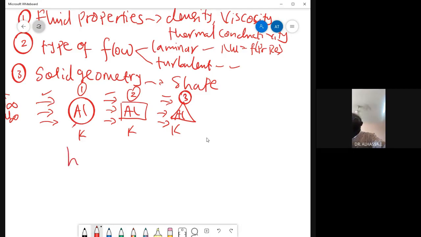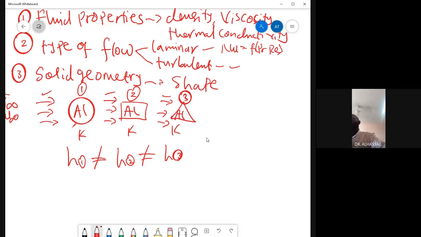So the heat transfer coefficient for number 1 is never equal to the heat transfer coefficient for number 2, and this is not equal to the heat transfer coefficient for number 3. So the value for H depends specifically on the geometry. If the geometry changes, immediately the value for H is going to be different.